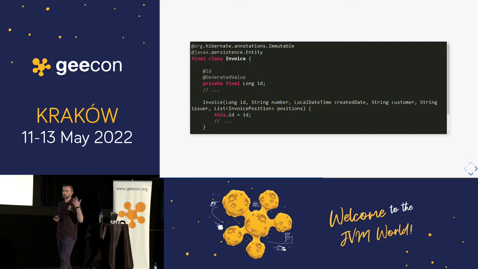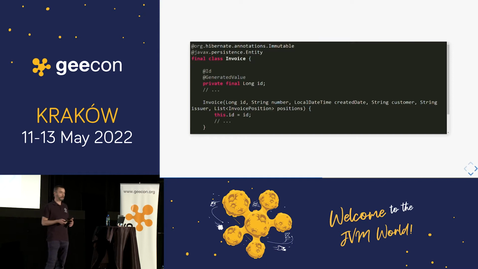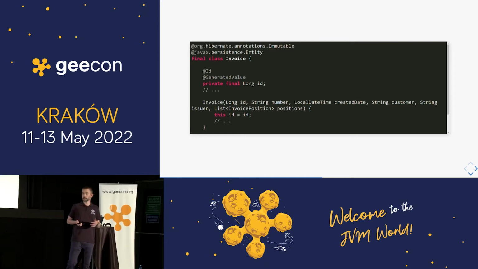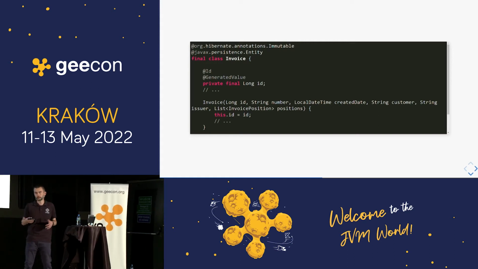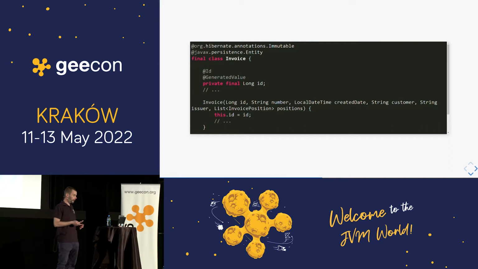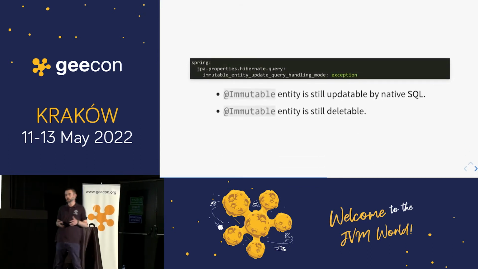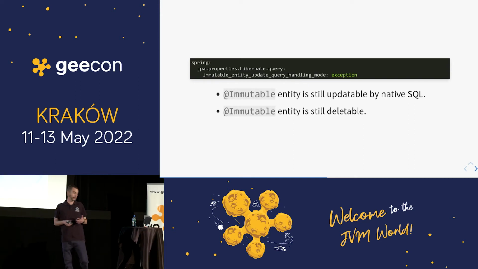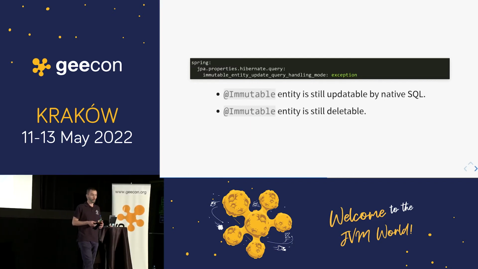And remember that later, when this invoice is recreated by Hibernate, it can still call the default constructor, even if it isn't visible, and set data by fields. And remember, it is only immutable from the Hibernate point of view. There is still SQL, there is still a database, and you can modify or delete it this way.